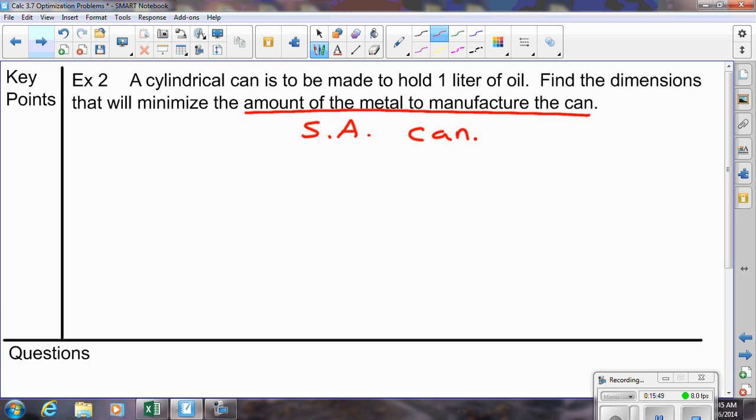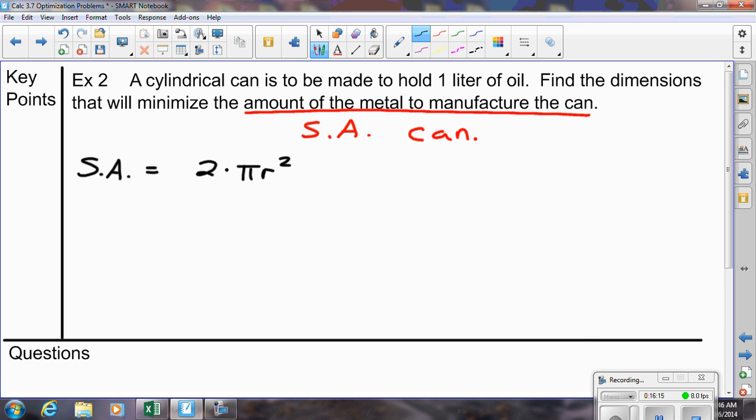Well, how do you get the surface area of a cylinder? To get the surface area of a can, we'd have to have 2 of the circles for the top and bottom. The area of the top for a can is pi r squared.